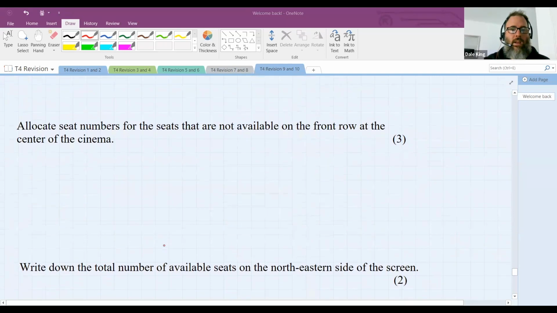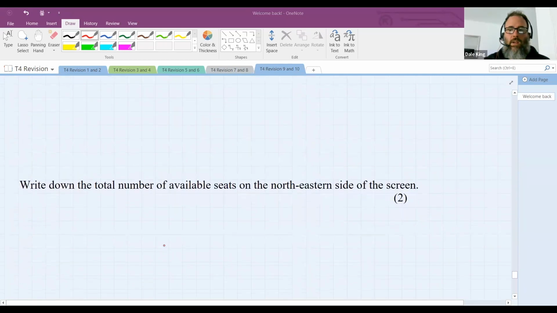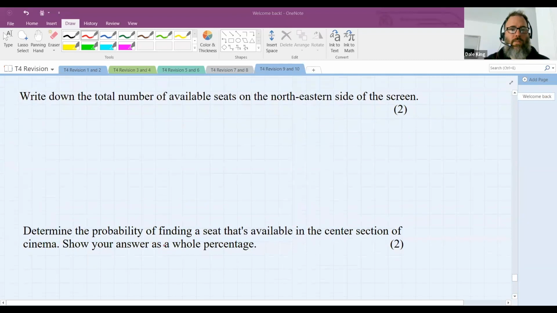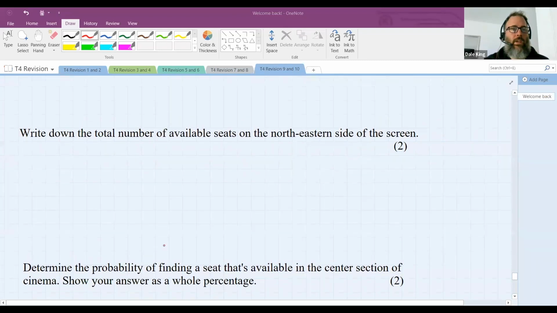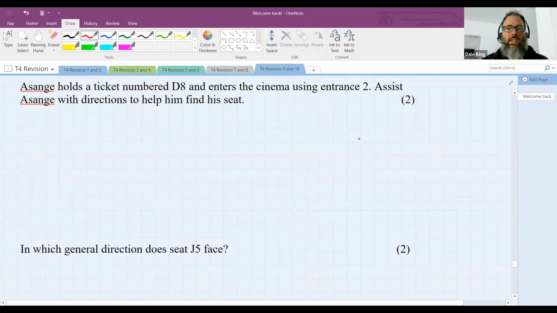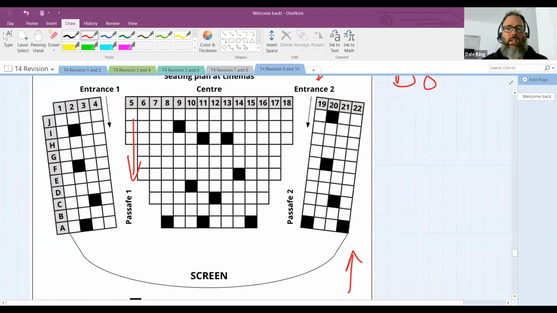Okay, let's move on to the next question. All right, never mind that. We're going to go to the last two. Here's this one here. It says, write down the total number of available seats on the northeastern side of the screen. The total number of available seats, northeastern side of the screen.